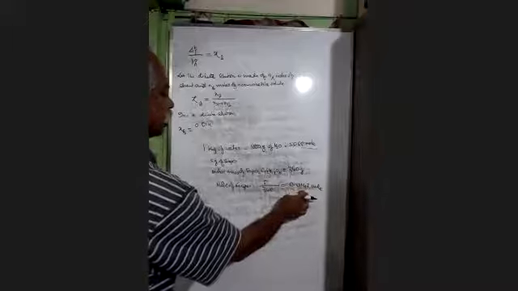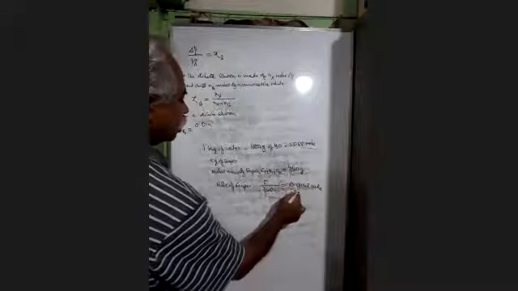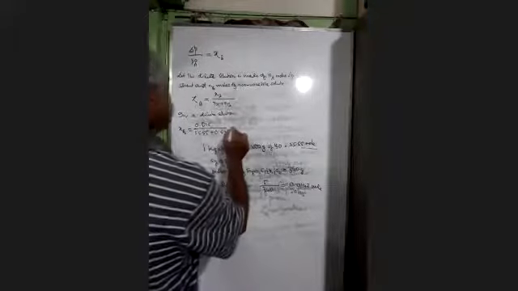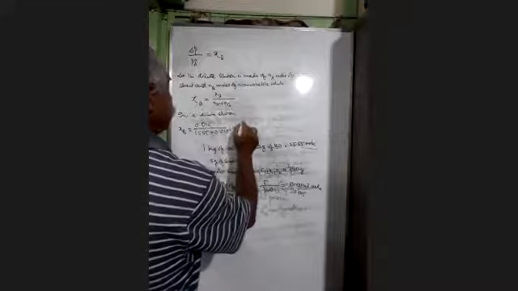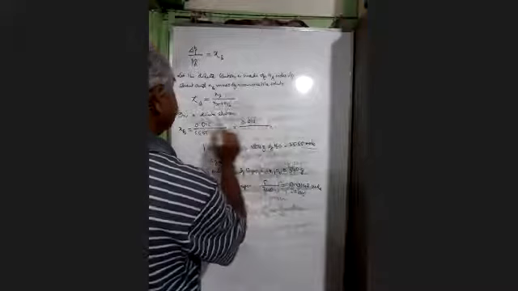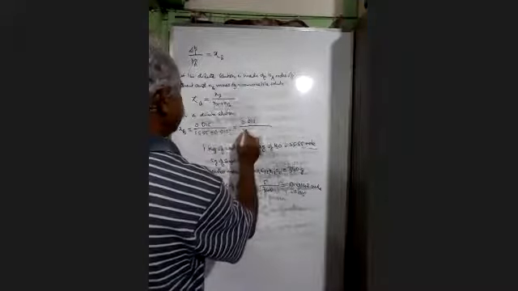I'll make it equal to what? 1 divided by 55.55 and 0.015. So it comes to how much? 0.015 divided by 55.56.